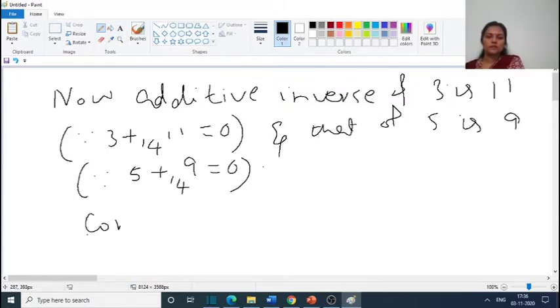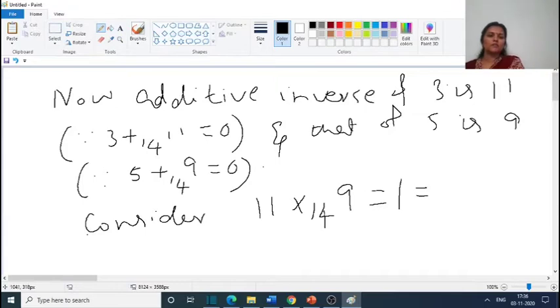Consider 11 multiplication modulo 14, 9, which is equal to 99. When divided by 14, the remainder is 1, which is equal to 9 multiplication modulo 14, 11.